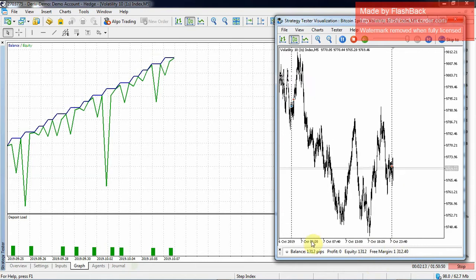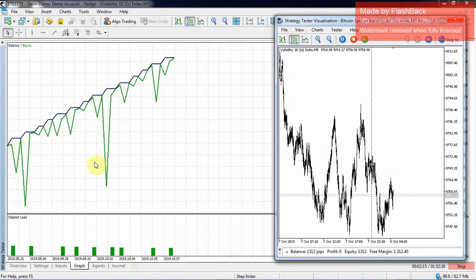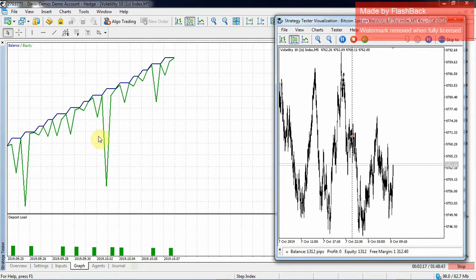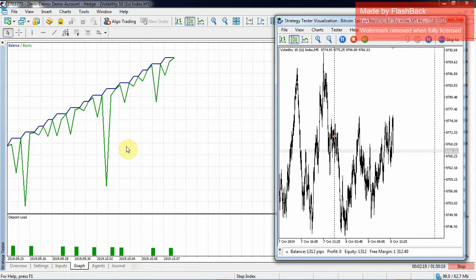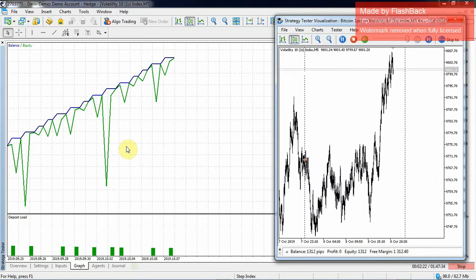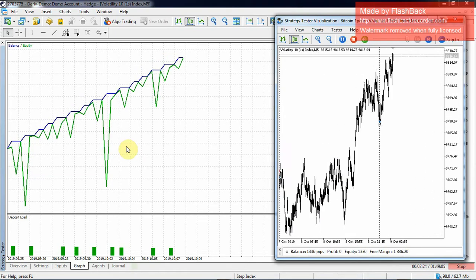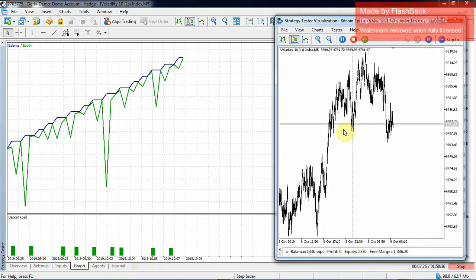So as you can see, trades are coming in. The strategy test is running. That's a quick trade.